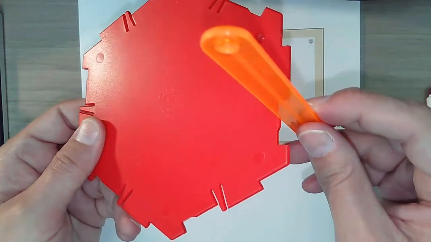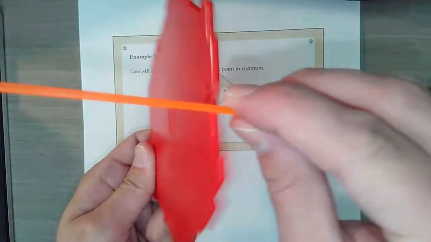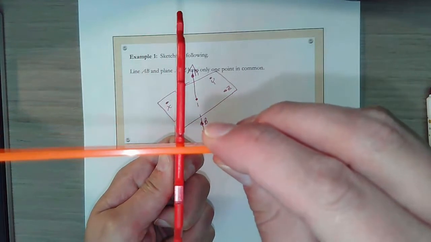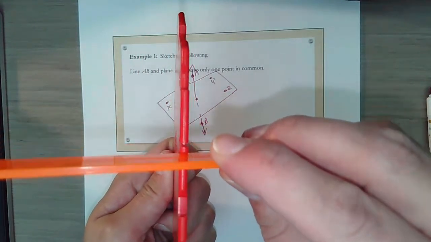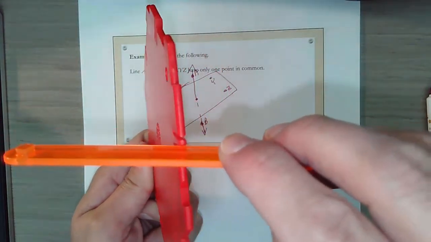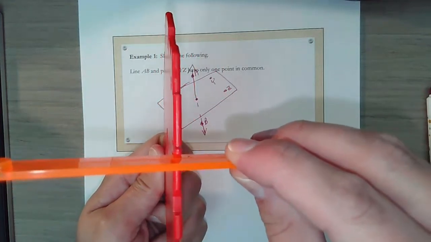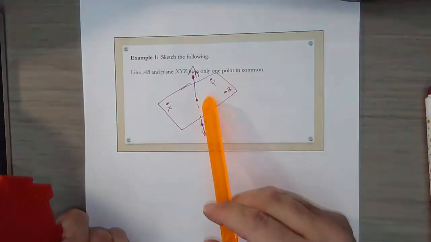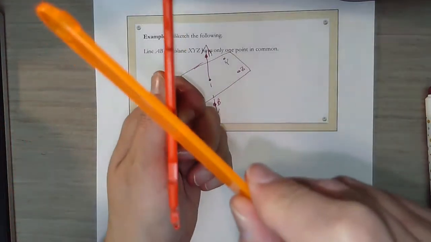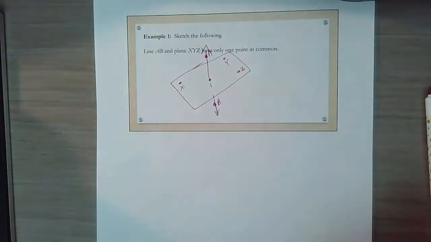But if it goes through, then it only has that one point in common where it touches. And that's what it's looking at. And it doesn't matter if it angles some way or anything, but it still only has that one point in common. So one point in common with a line and a plane would be that the line has to go through the plane. Okay?